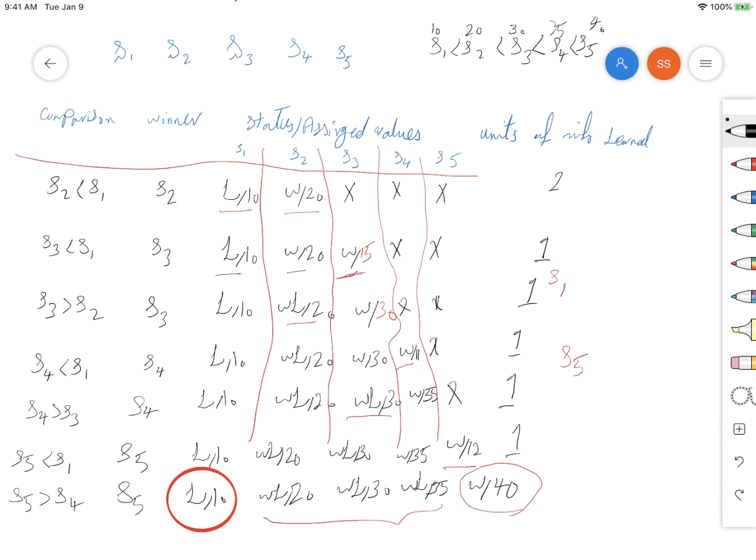Next, we're going to see one theorem about using the adversary argument for the selection problem of the smallest number and the largest number. That's a theorem.